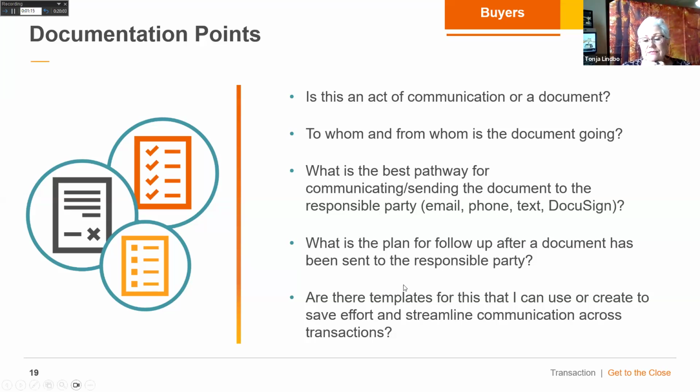And are there templates for this that I can use or create to save effort and streamline communication across transactions? Yes, use your command system. There's all sorts of reminders in there. Plus, whenever you're putting together your buyer's presentation before you get your buyer, or when they first sign on with you, you can give them a cheat sheet, a list: these are the things you can expect during the transaction, and these are the ways I have you down for communication.